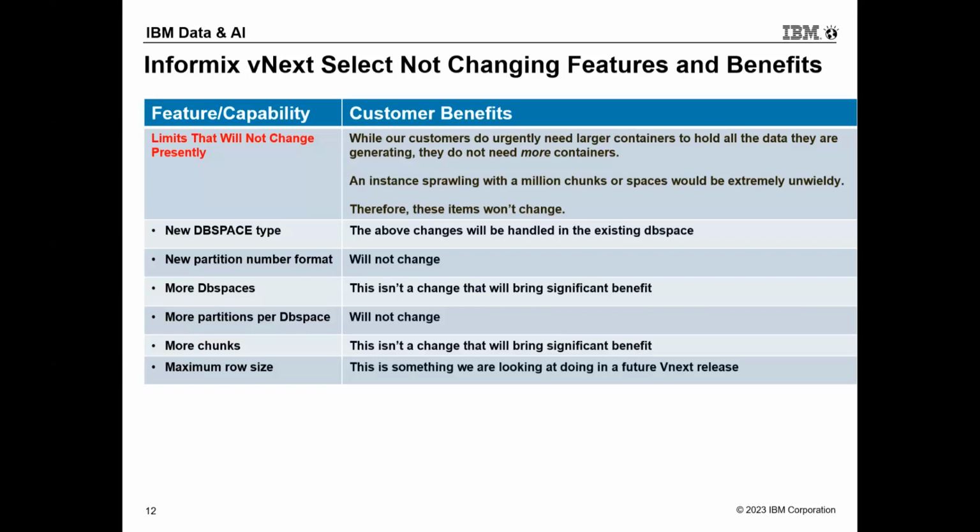So one of the things to keep in mind here is that we've chosen some of these very deliberately. And we've chosen some things that we're not going to do very deliberately based on real history that's in our support archives. So for example, were we to add more DB spaces and more chunks, we have several customers that are very large right now, and they're approaching some limits in terms of performance at the very, very high end that most users never see.